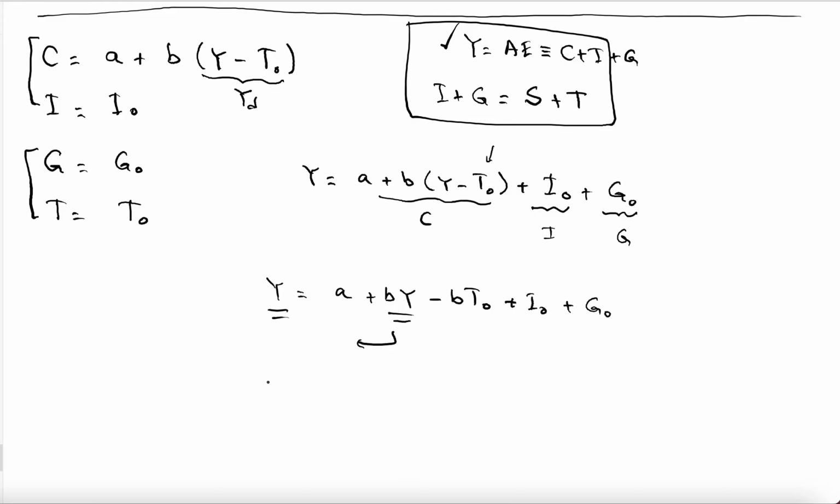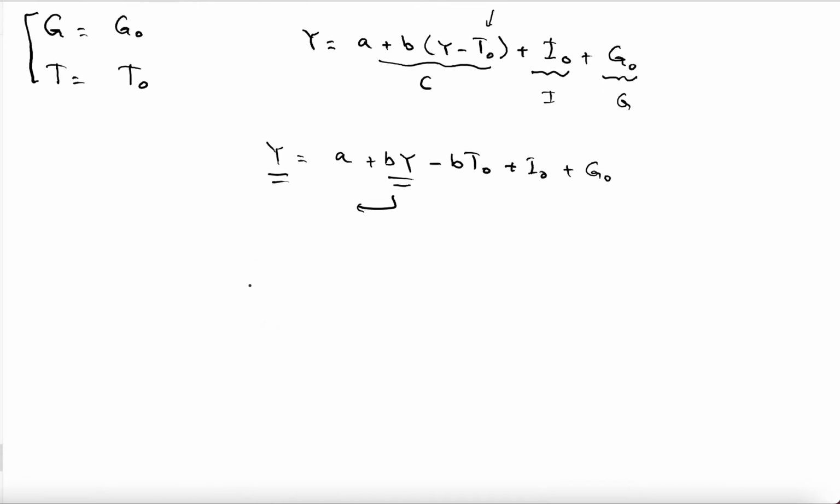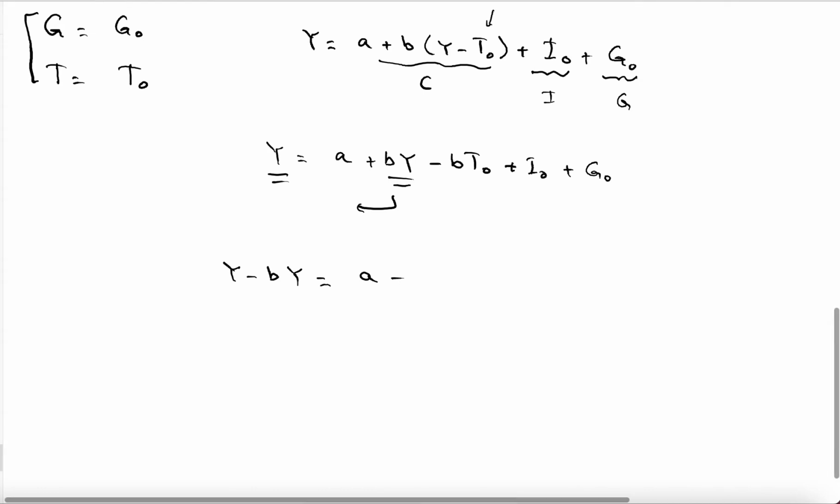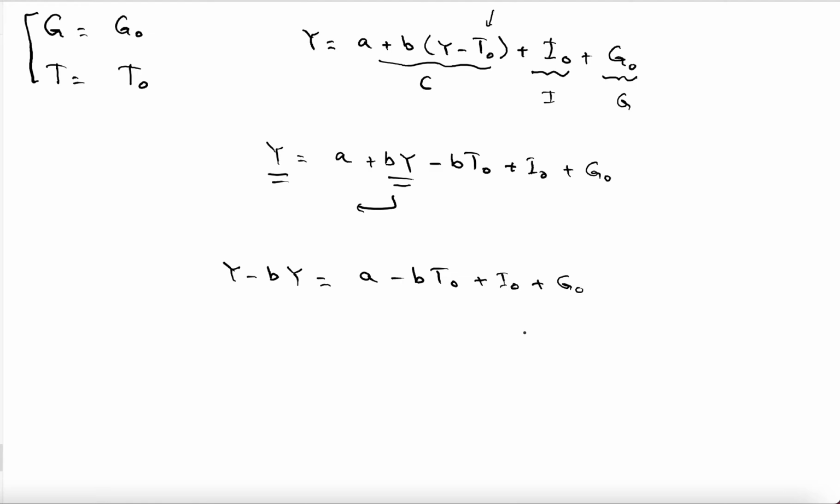So we take this to the left, it is going to be Y minus BY is equal to A minus BT0 plus I0 plus G0. Therefore, the common factor is Y. So this is basically 1 minus B. Therefore, Y is equal to A minus BT0 plus I0 plus G0 divided by 1 minus B.